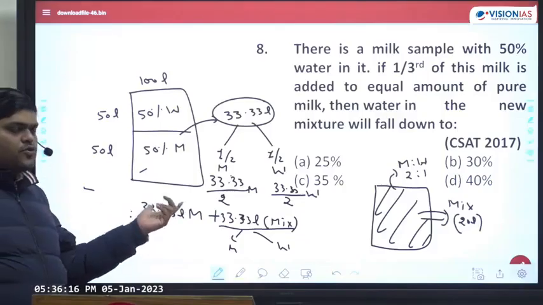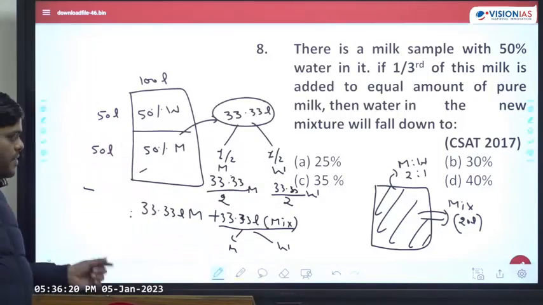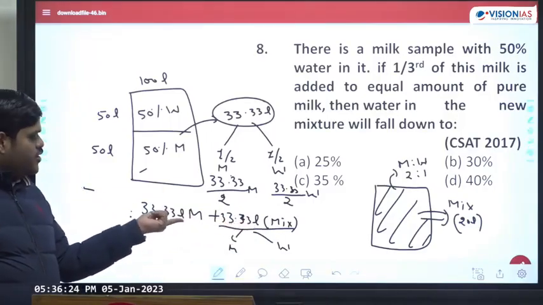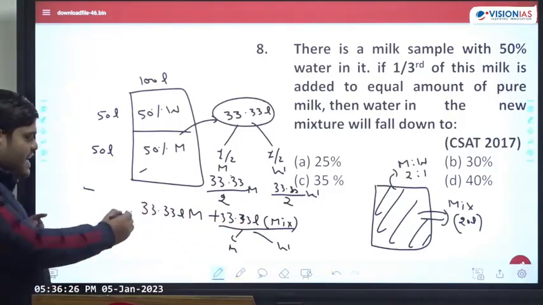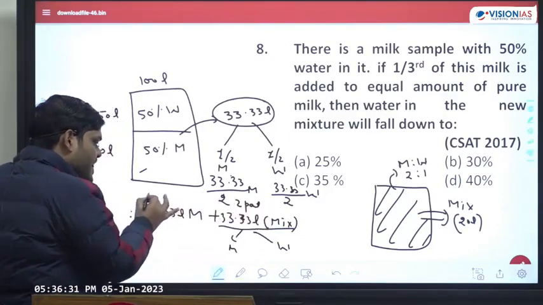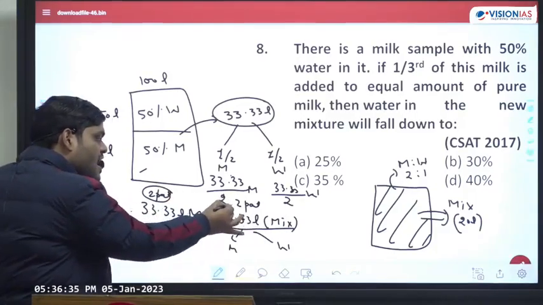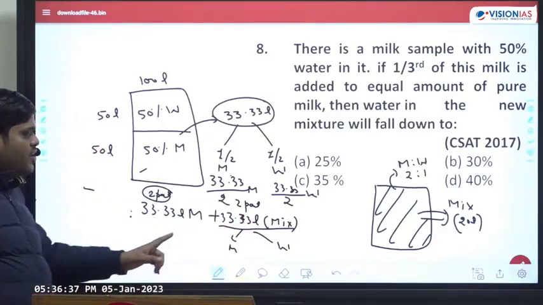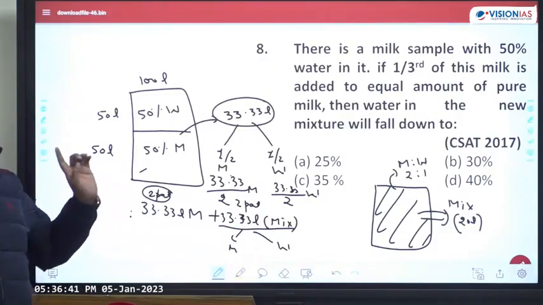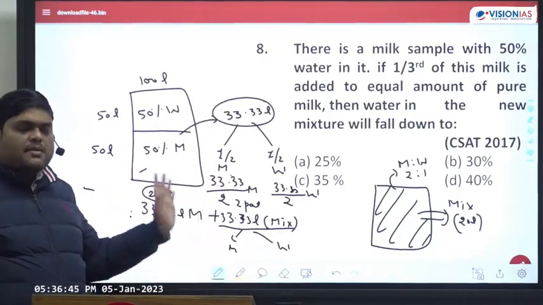If you are able to see, you can directly answer. The answer will be 25%. Why? Because there are 2 parts here, and here also 2 parts. If I take 2 parts here and 2 parts here, the total will be 4 parts, and out of these 4 parts, 1 part will be water and 3 parts will be milk.